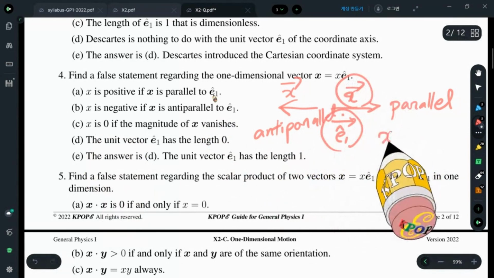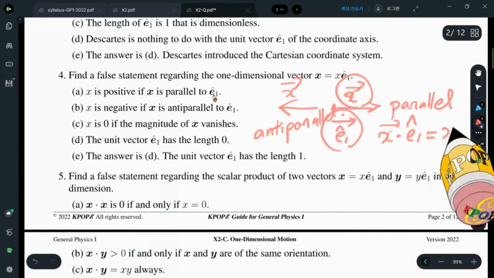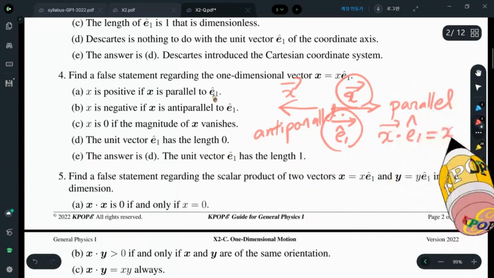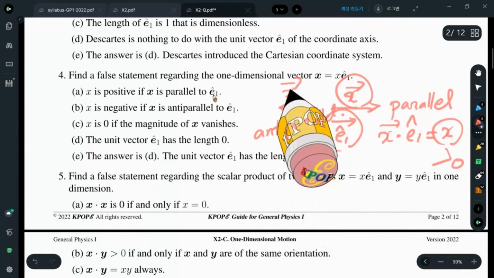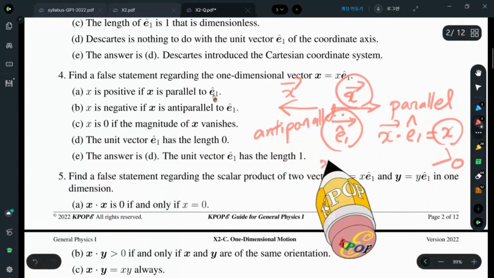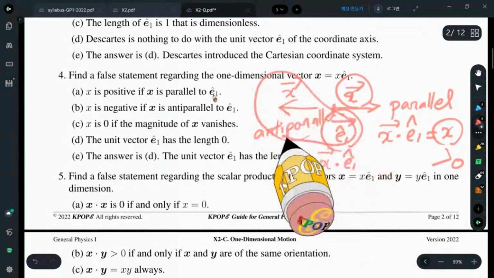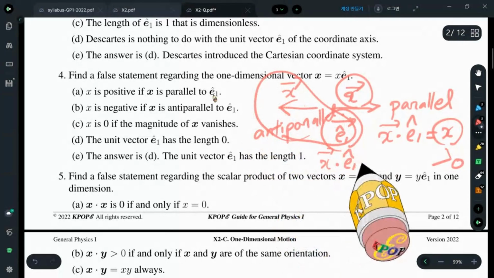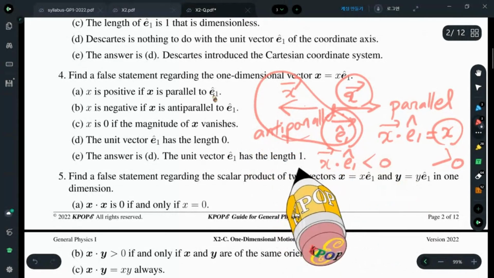You can take a scalar product. This one is X. When it is parallel, this X is positive. If I compute X dot E1 hat in this case, this is opposite, so it is negative.